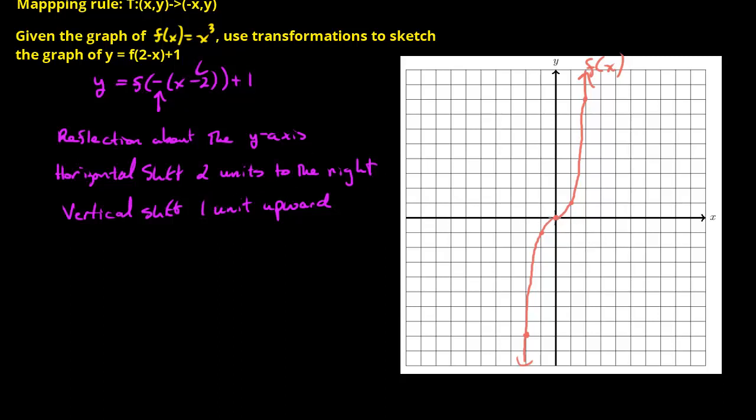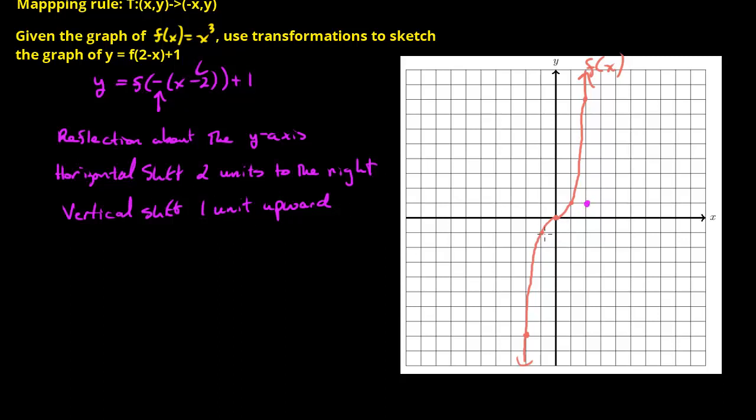If I take 0, 0 and reflect it about the y-axis, I just get the point 0, 0, because the point lies right on the y-axis. Then I'm going to move it 2 units to the right and 1 unit upward. So this point maps to this point right here. We call this point the image point of the point 0, 0.